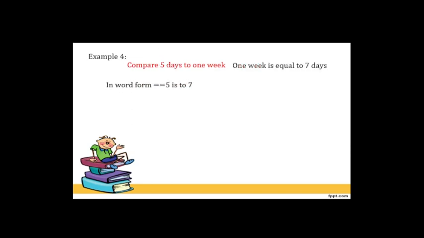Okay, another example of different units. We compare 5 days to 1 week. We cannot compare days to week. Since they have different units, we have to express 1 week in days. And 1 week is equal to 7 days.